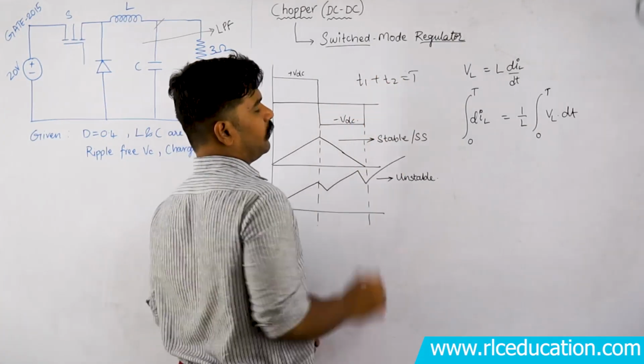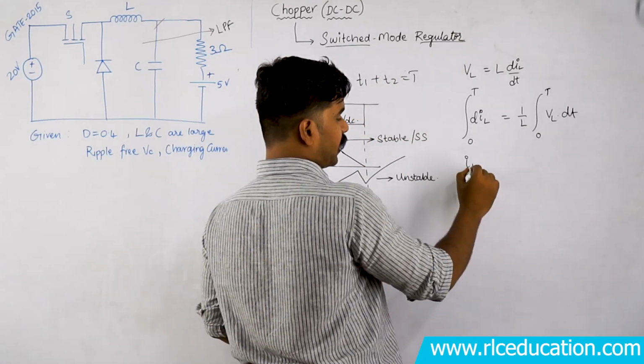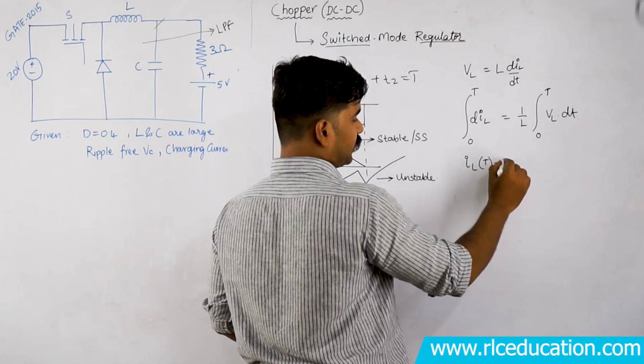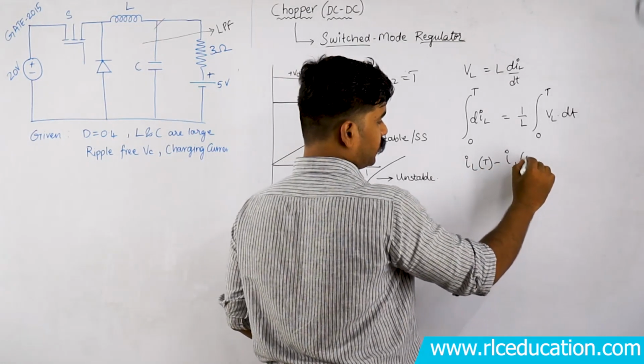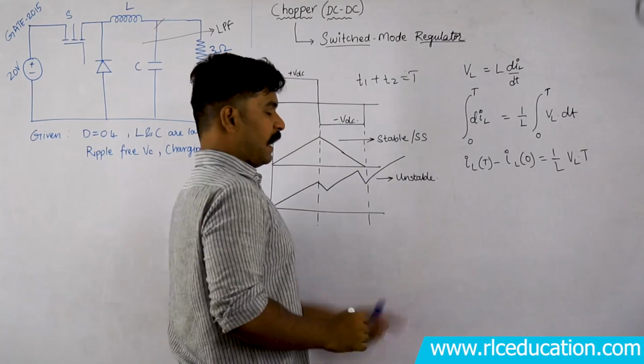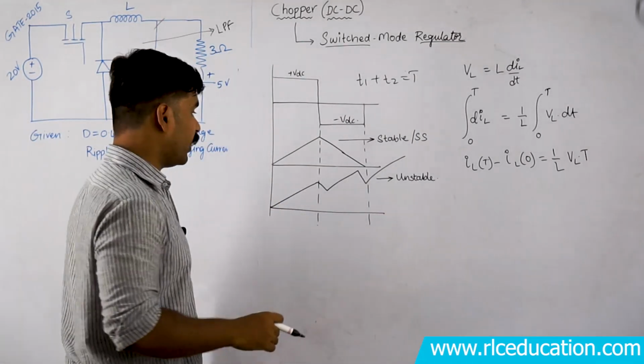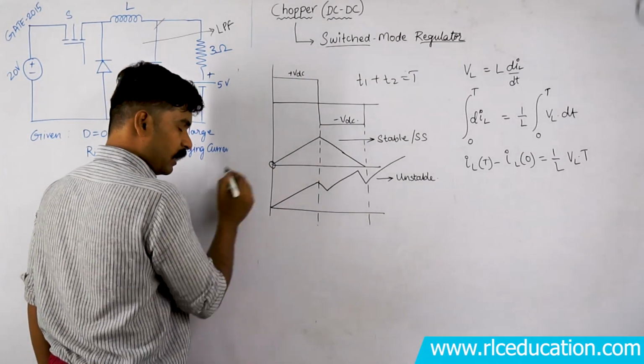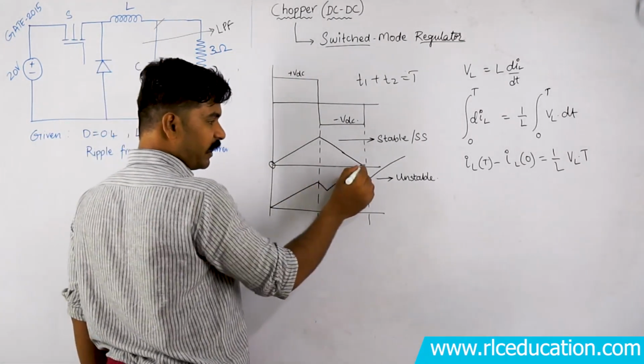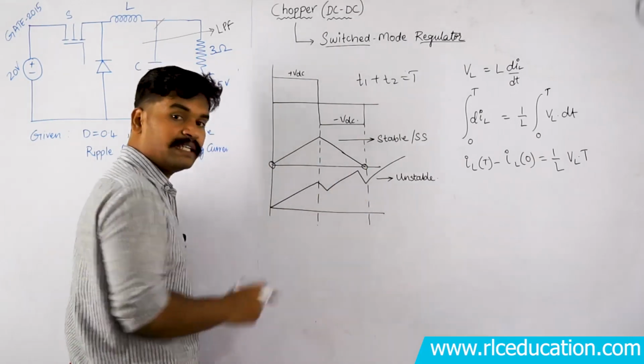After performing the integration, I will get IL of T minus IL of 0 equal to this relation. For steady state operation of an inductor, what I told you, the current before the charging and the current after the discharging should be the same.